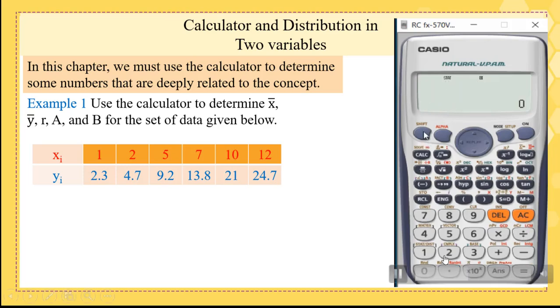Now we press AC, then Shift, then 1, and we go to 5. Here we have the three numbers A, B, and R.